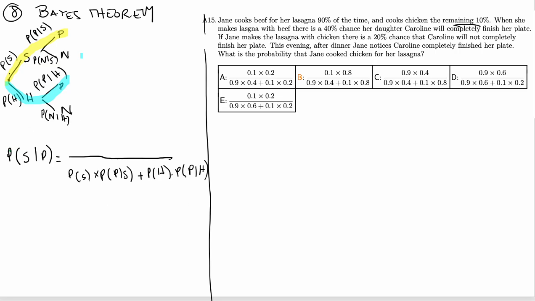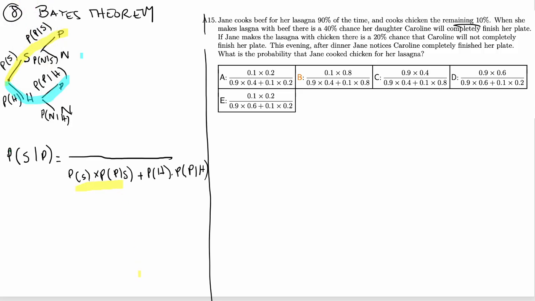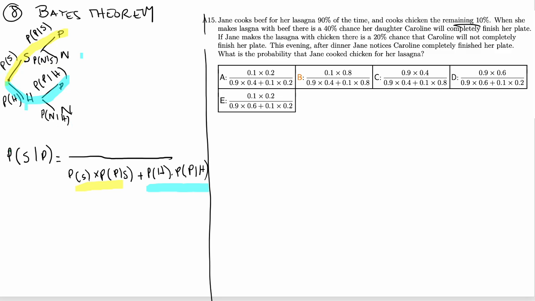So again, the yellow branch, if you remember, when you want the path, you multiply the branches. So the yellow path is this one. It's P of S times P of P given S. And the blue branch is this one. Right? It's P of H times P of P given H.